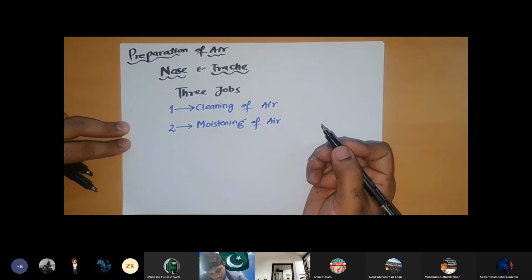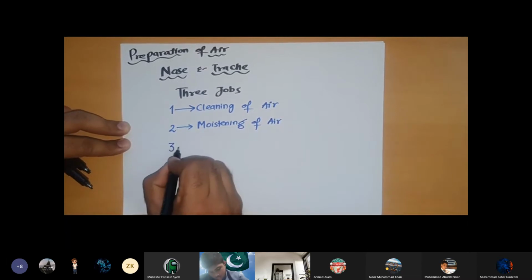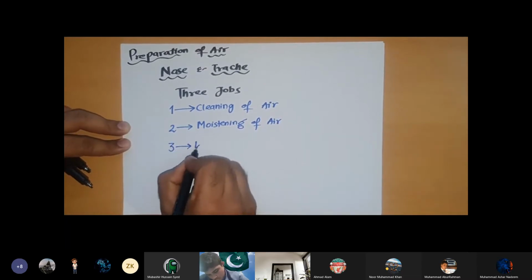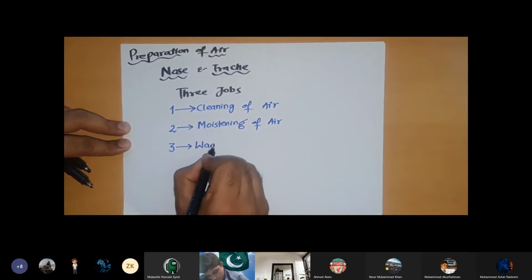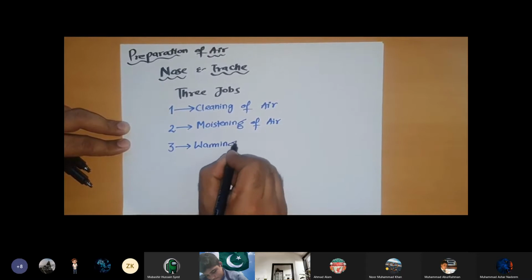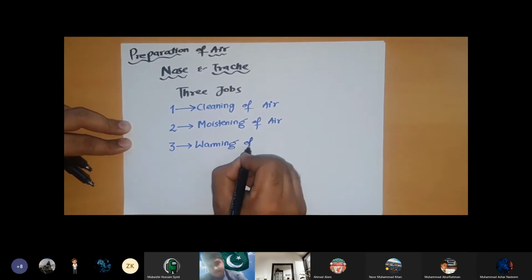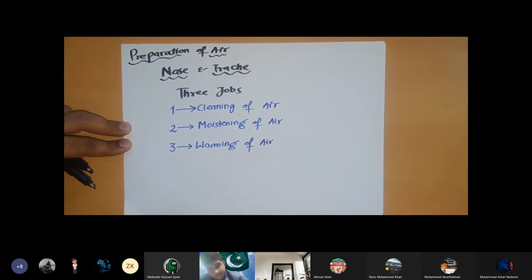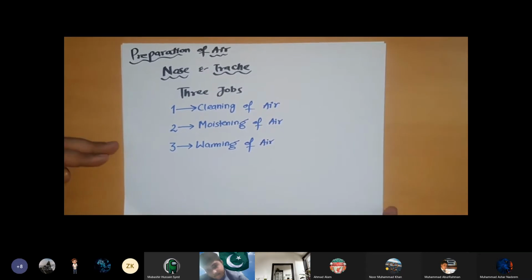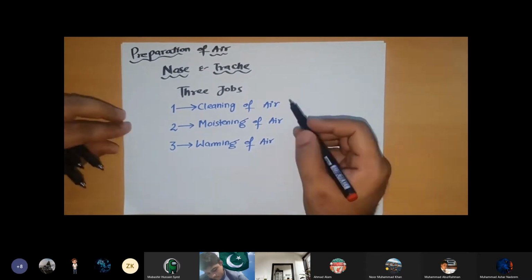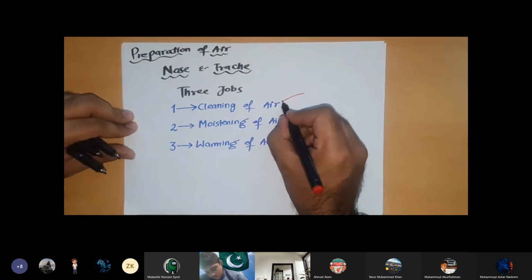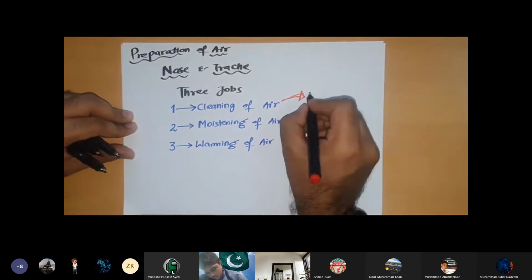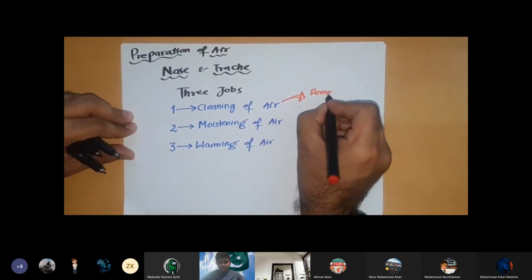We are going to talk about it. And the third is warming of the air. First of all, the cleaning of air means removal of dust and germs.